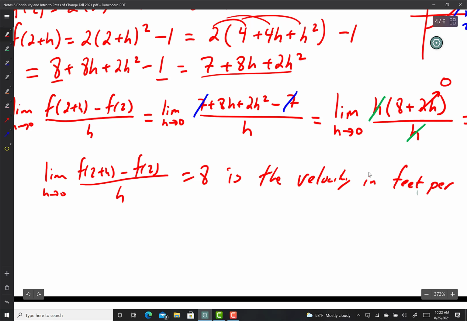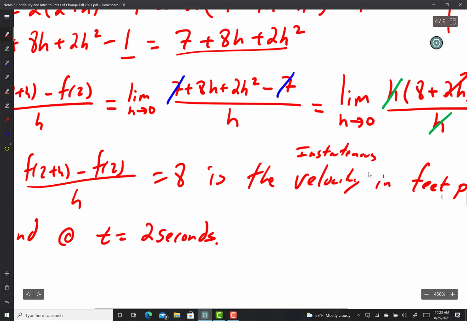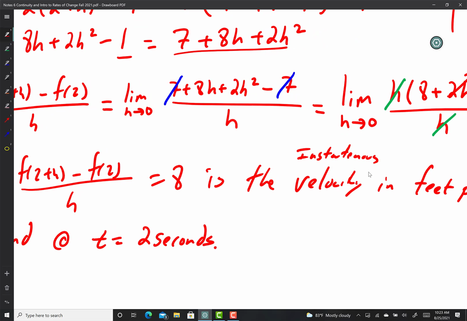Feet per second at t equals what? 2 seconds. It's an instantaneous velocity, which just means that it's only at that instant. At that moment, it is going 8 feet per second.